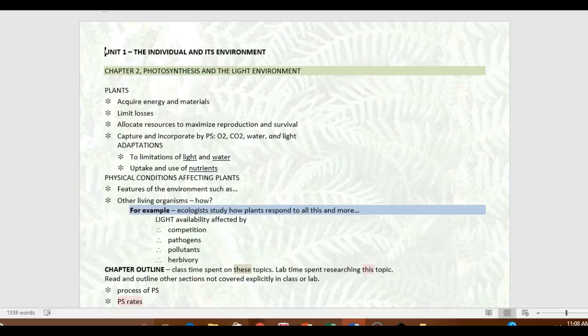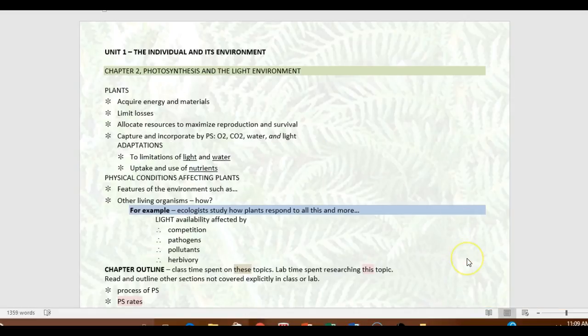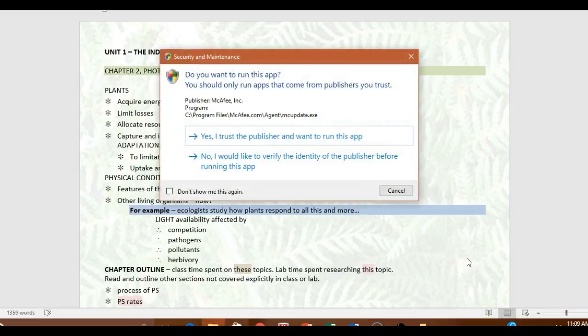A couple of things to think about when we talk about plants and the environment, photosynthesis in the light environment. Plants go about individualized, unique ways to acquire resources, to acquire energy, and to acquire materials.